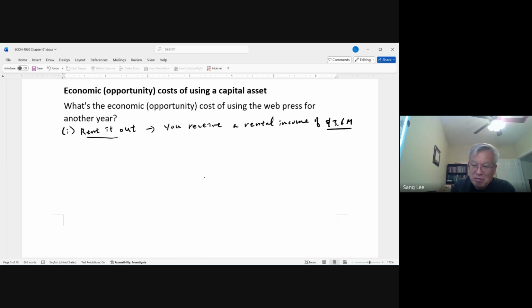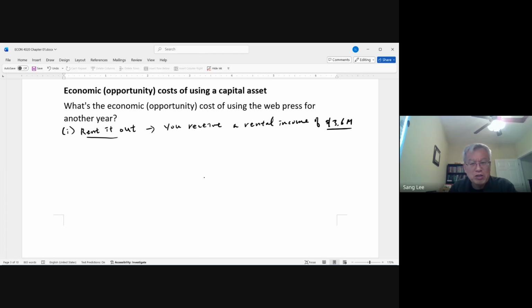But you have to be very careful. While you are earning a rental income of $3.6 million, when you leave your web press machine in someone else's hands for a year, and then you receive $3.6 million, after 1 year, by the time you get your machine back, is this the same machine? No, the web press is a year older.